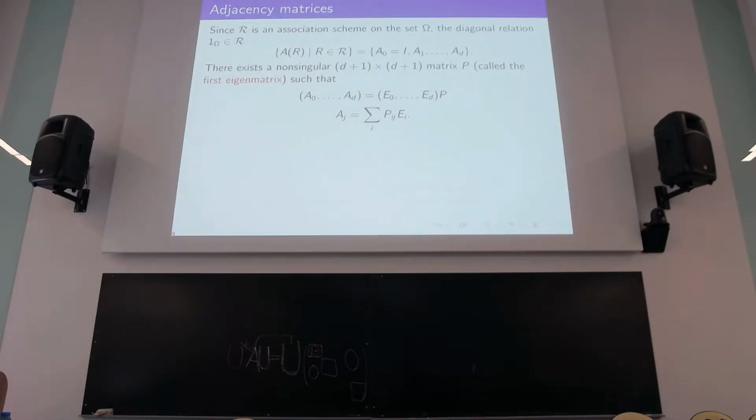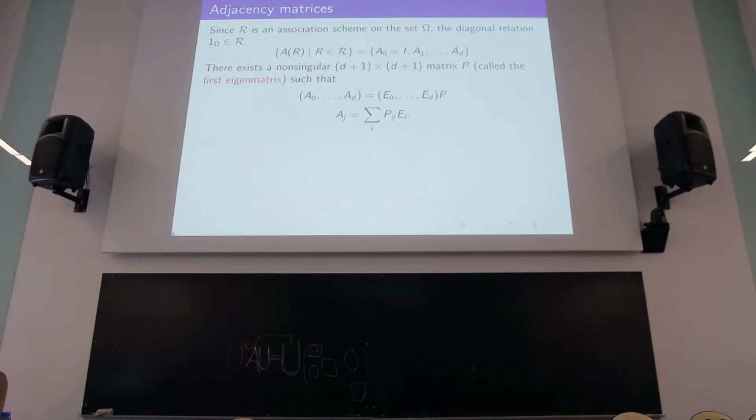Now, adjacency matrices form a basis of the adjacency algebra. So we now have two different bases. One consists of adjacency matrices, and one of the adjacency matrices is the identity matrix, so I will write this as A0, and the dimension of the algebra was D plus 1, so the rest of the adjacency matrices are denoted by A1 to AD.